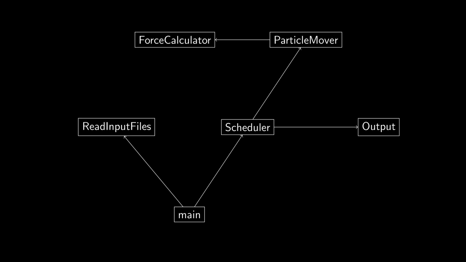And so what people gravitated towards was to not store all of the input parameters in one place, but to store them with the modules in which they are needed. So for example, the time step length and the output frequency that I mentioned beforehand would be stored directly with the scheduler.